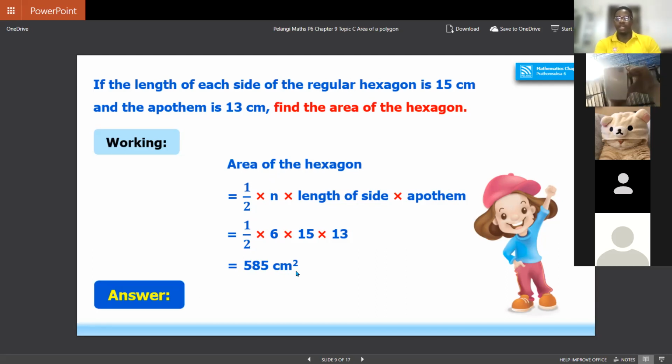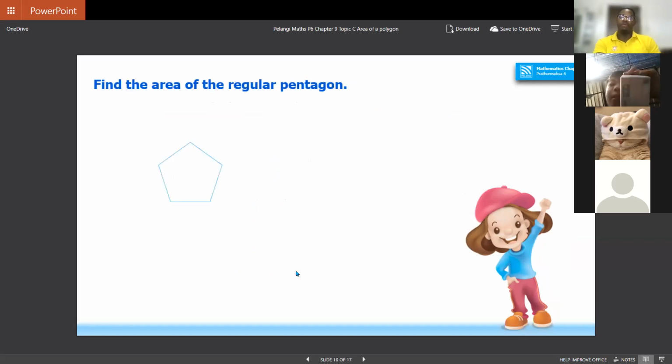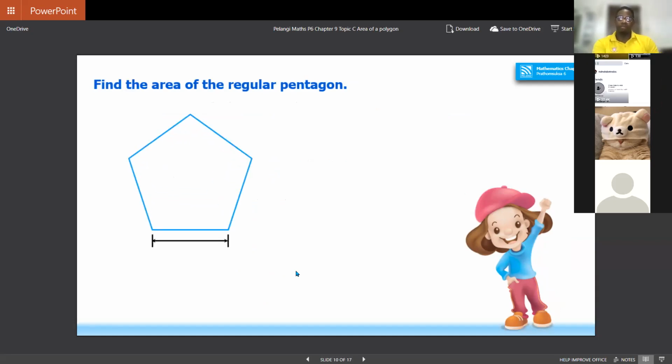Let's go to another question. Find the area of this regular polygon, a regular pentagon.